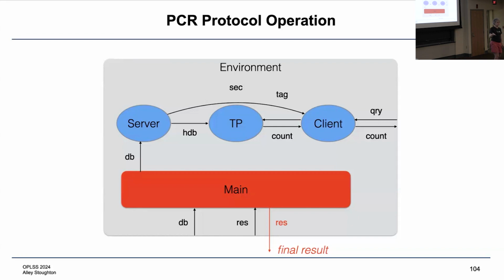Let's take a question up here. Do you have a real-world example of where we see a setup like we have in the PCR protocol? Yeah, so the story here, this is something that cryptographers try to do with more realistic databases. The idea is that no one trusts each other, and so they want to have a multi-party protocol where the trusted computing base is as small as possible.